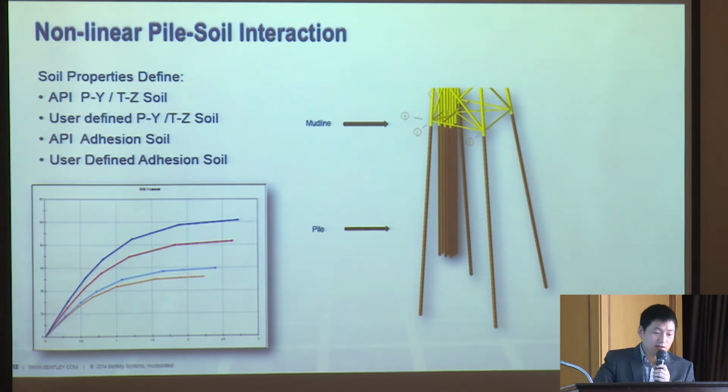And then we can input these parameters in SACS. And finally, SACS will convert the self-defined parameters also to PY, TZ, and QZ curves. We also support API PY, TZ soil curves.